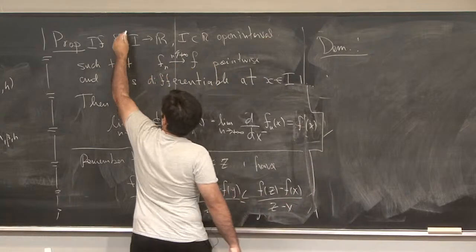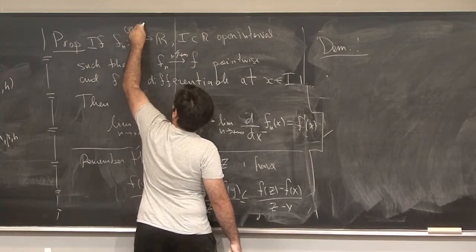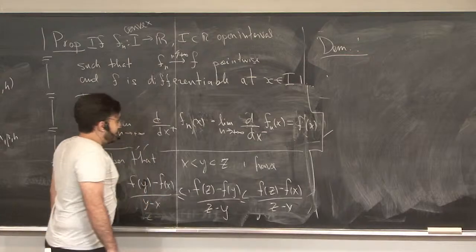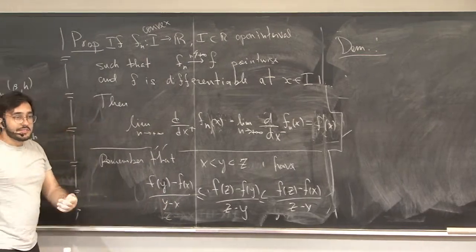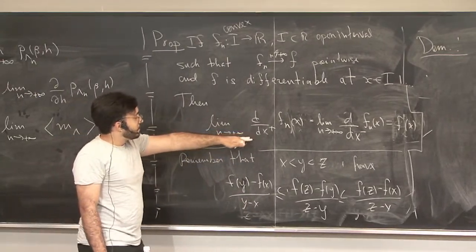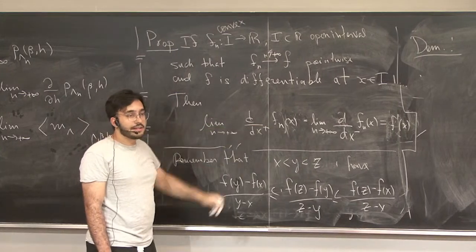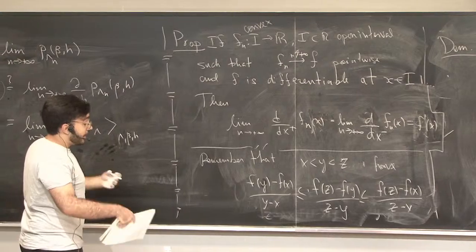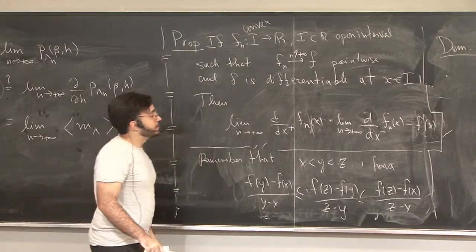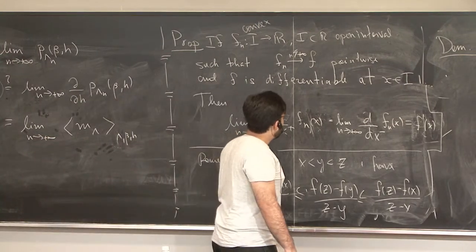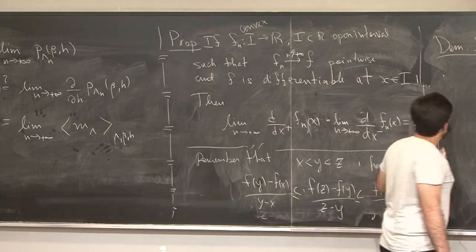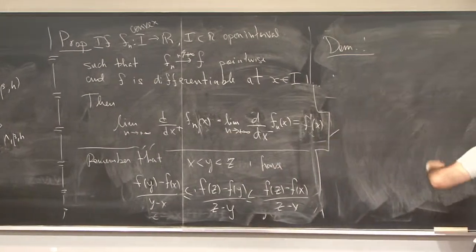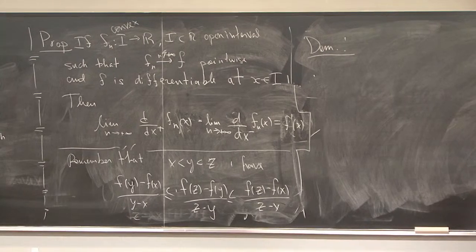If fn is convex. This is important because I just showed you that these quantities right here, the left and right derivatives, are guaranteed to exist only when the function is convex. So I need each one of the functions of the sequence to be convex.